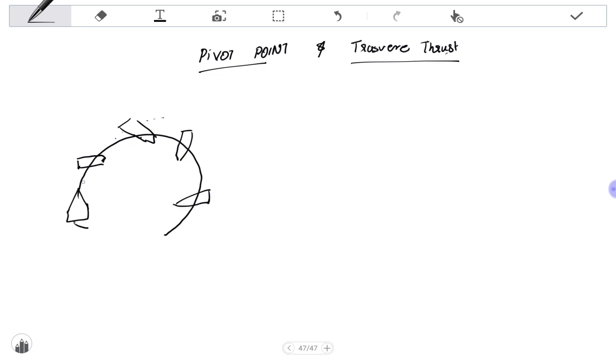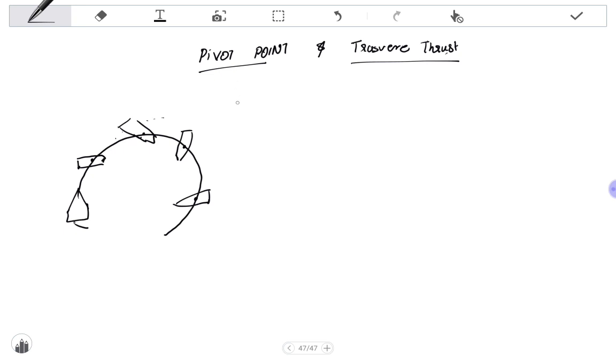So if you look at the circle, this circle will be passing through a particular point in the ship. Okay, so that point is called pivot point.